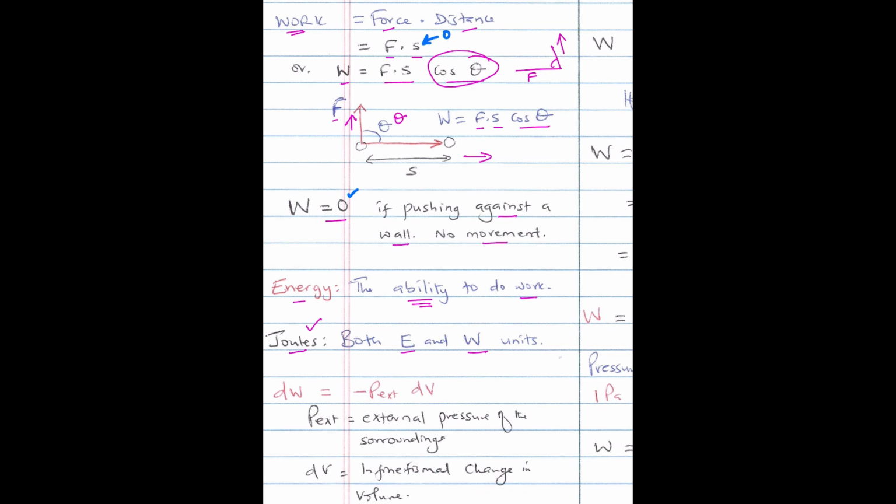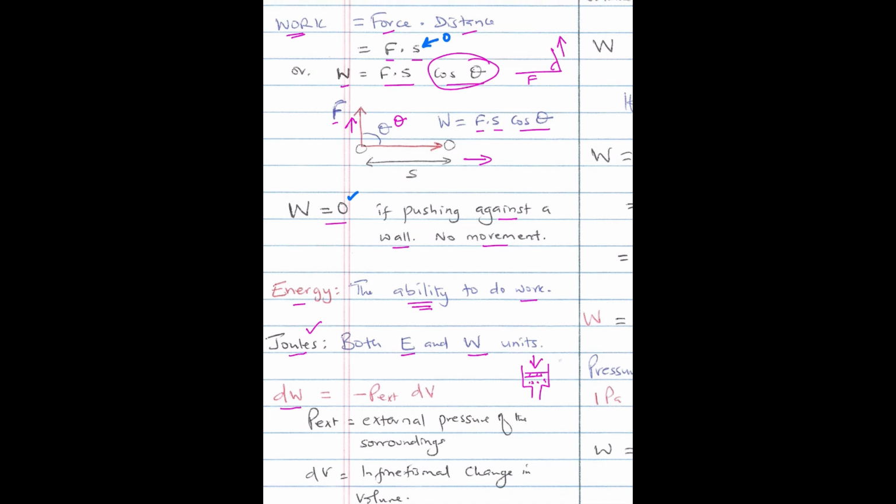Now, if you consider a small amount of work done, so dW, for an expansion work, so for example, if you have a piston here, and you have a force applied against gas, you have a gas here, then you end up having a change in volume.